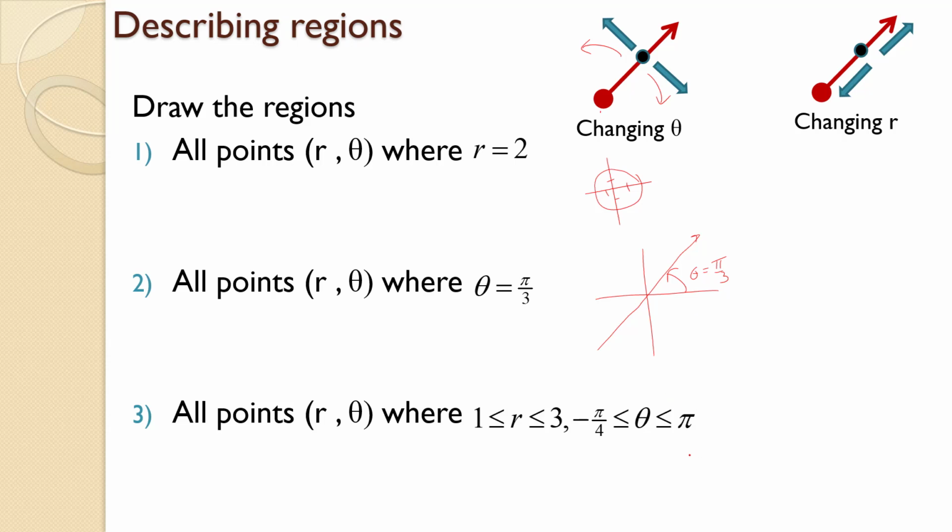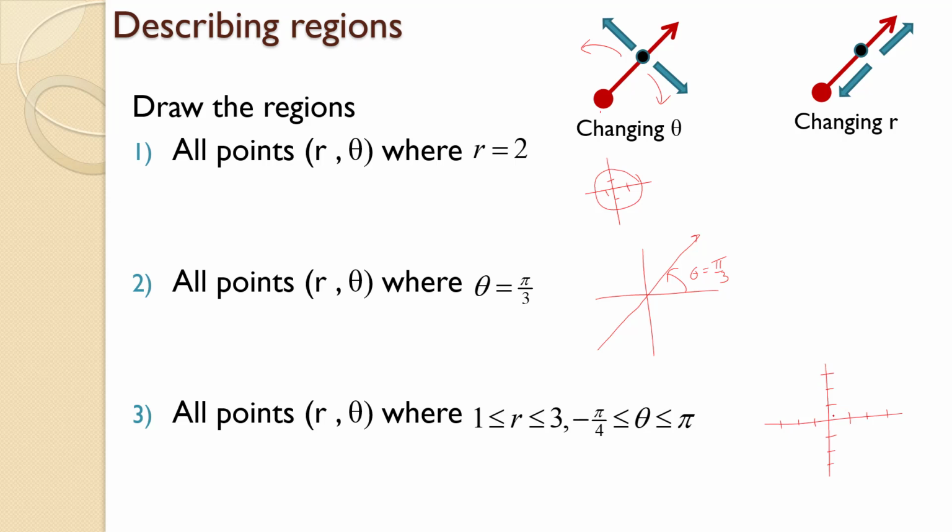For the very last one, if you want all the points where the radius is between 1 and 3, and the angle is from negative π/4 to π, if you look at the polar graph paper, let's say this is 1, 2, 3, marking off different distances along the polar axis once the line was rotated.